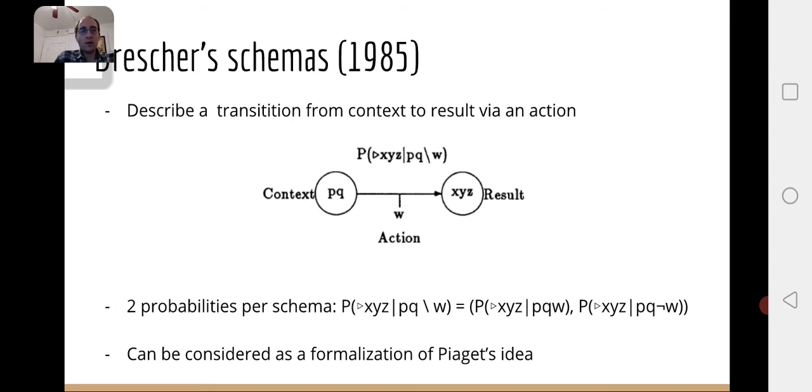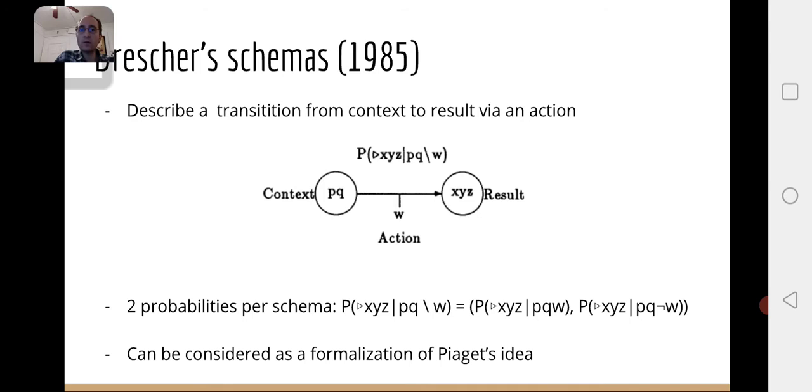And Drescher formalized this idea for the first time in 1985, which led to his so-called schema mechanism. Schemas essentially describe a transition from context to result via an action. So it's very similar to the procedural implication we have just seen.